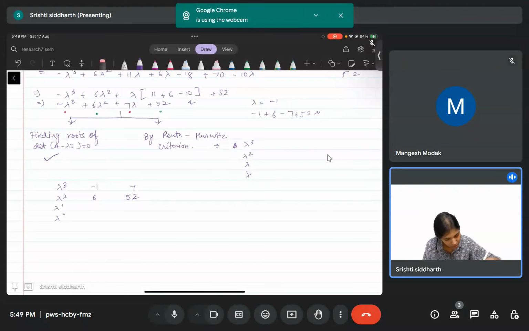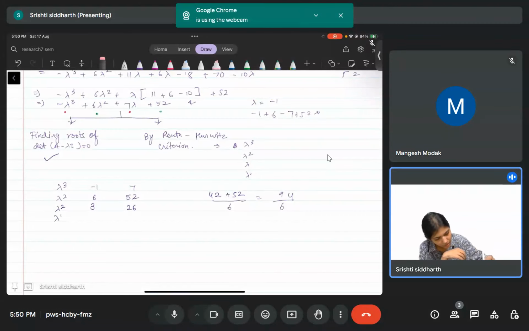So this entry is going to be simplified to 26.